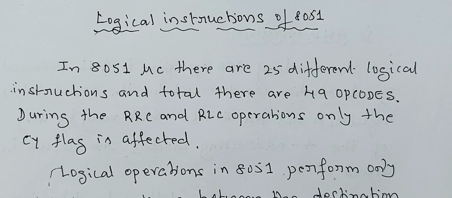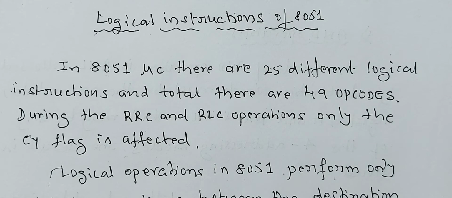For example, move is a code given to the microcontroller in order to copy data from source to destination. Similarly, add is an operational code used to add the two data between the source and the destination. Therefore, an opcode is a code used by the microcontroller in order to do specific operations.